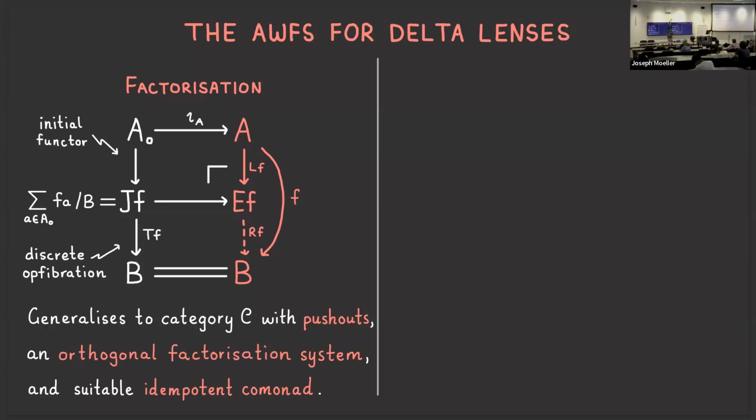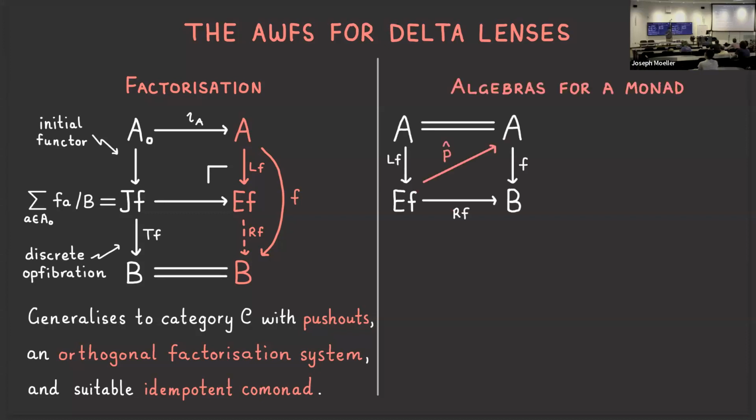Okay, so we have this very general setting in which we can construct this factorisation system on any category we like. And so this is the approach that the paper takes, and you can really just prove everything you need to know using these universal properties. So that's factorisation for delta lenses. We can always factorise a functor through the free delta lens.